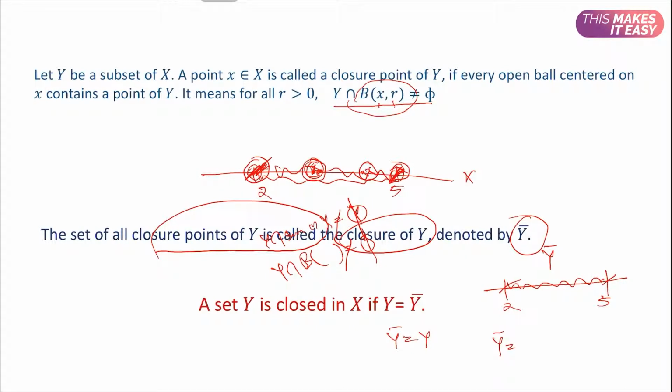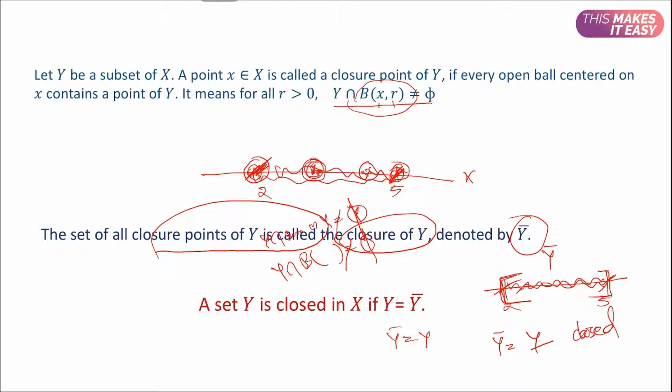If y is also like that, then y is closed, because it includes all the points including the boundary. Then this y is called closed. So you have understood what closed and open sets are, which we discussed in the earlier video.